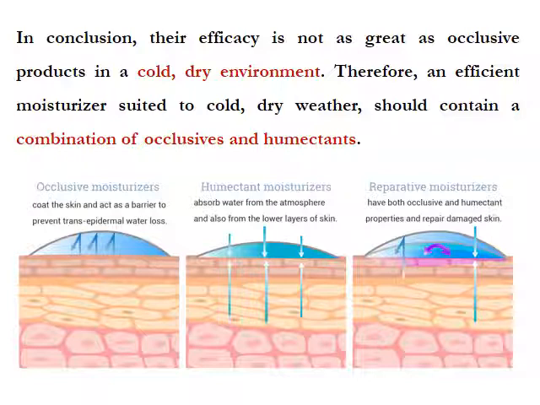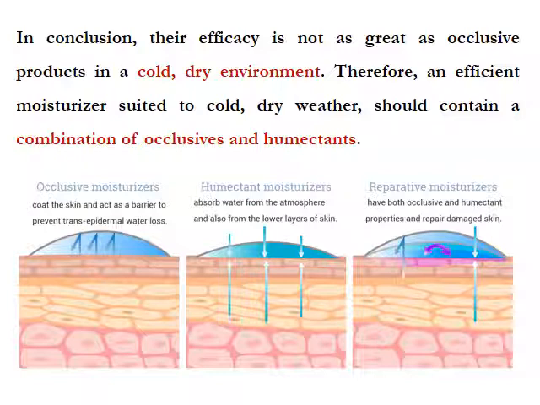So if we compare occlusives and humectants, we find that occlusives are more efficient in cold, dry environments compared to humectants. As we said, in cold, dry, non-humid environments, humectants will tend to draw water from the deep skin tissues, increasing the dryness of the skin.